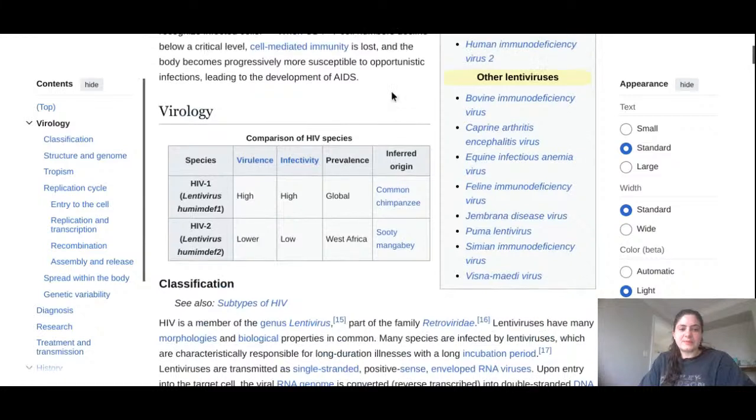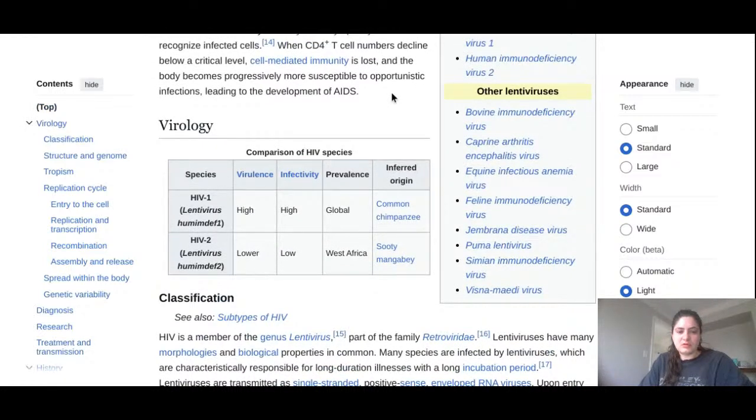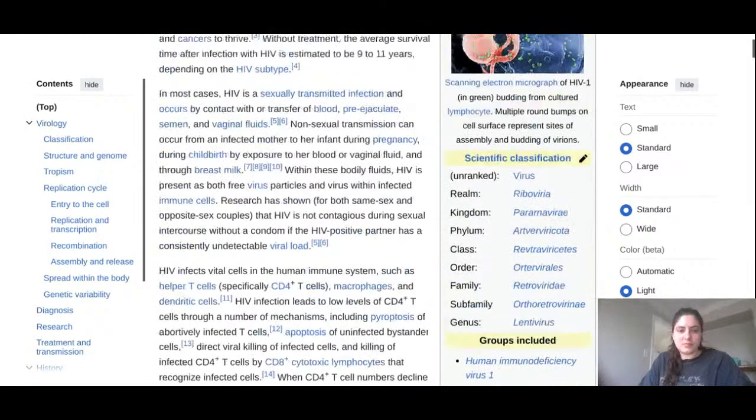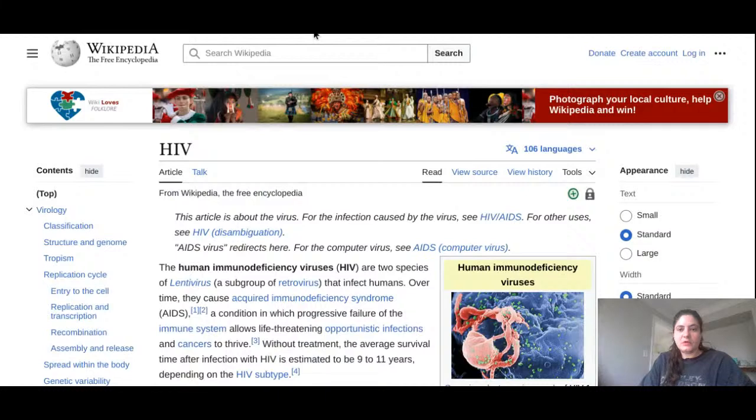Okay, so what is protein P24? It is a major core protein of HIV.